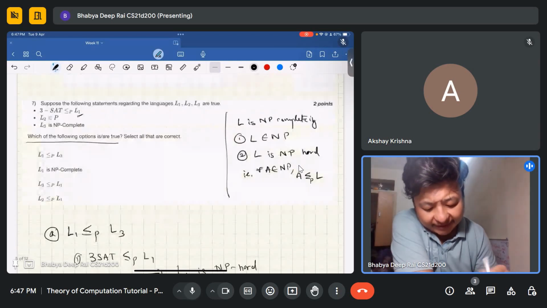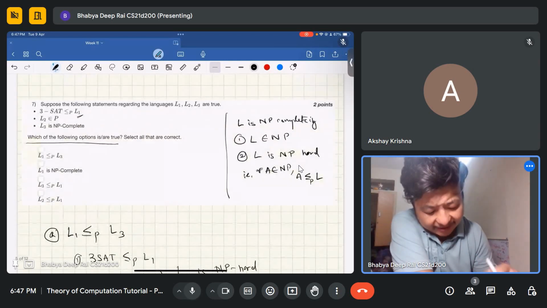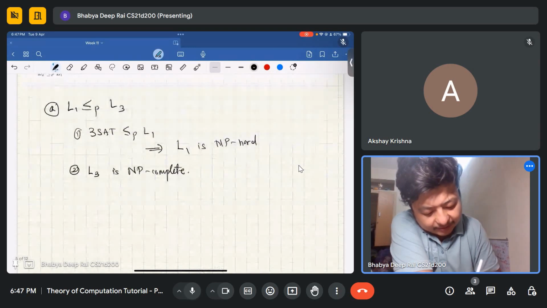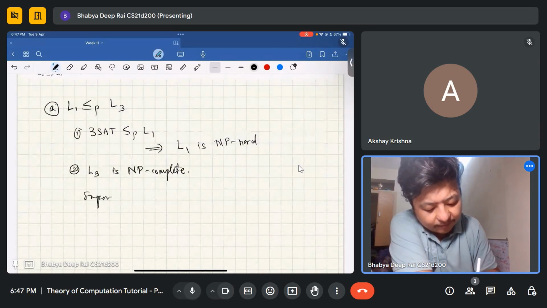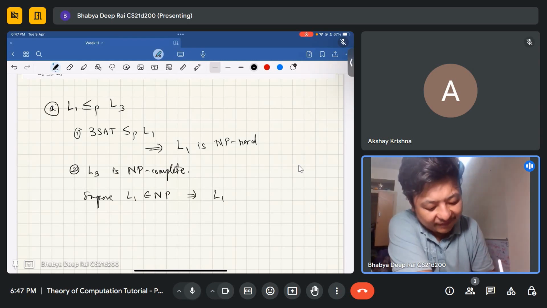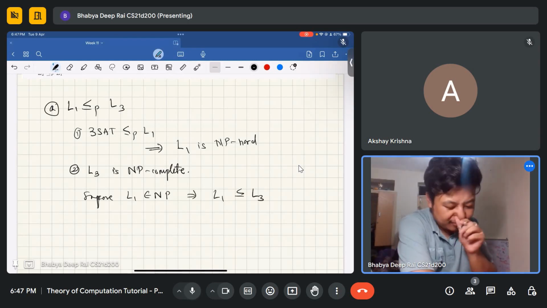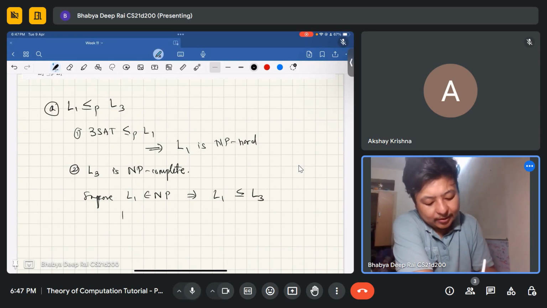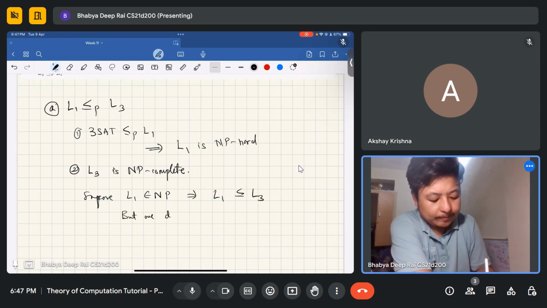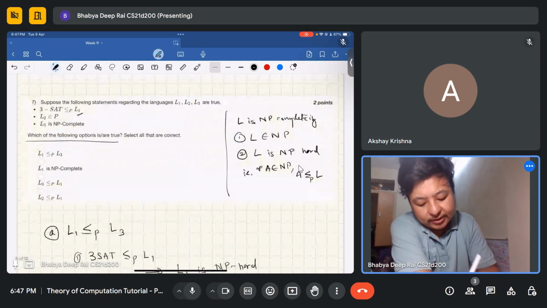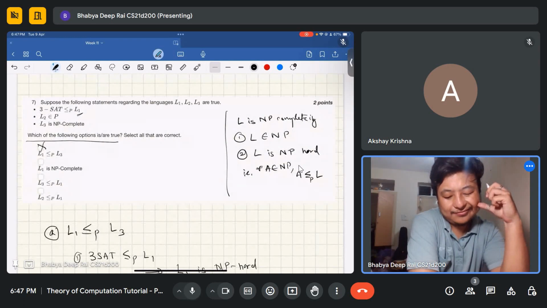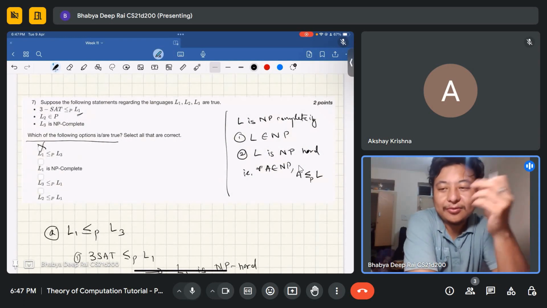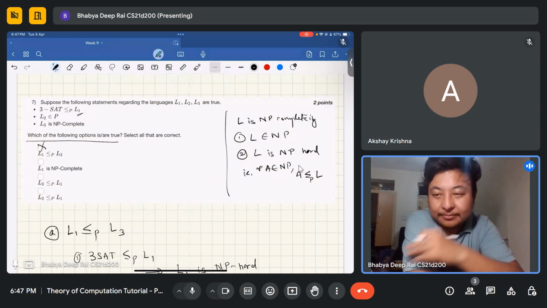Because we want the fact that L1 is in NP. Suppose L1 is in NP, then definitely L1 would reduce to L3 by definition because L3 is NP-complete. But we don't know that. So this is not known to be true.